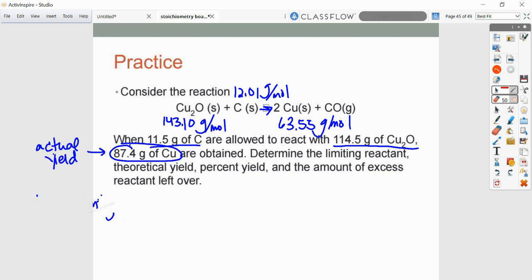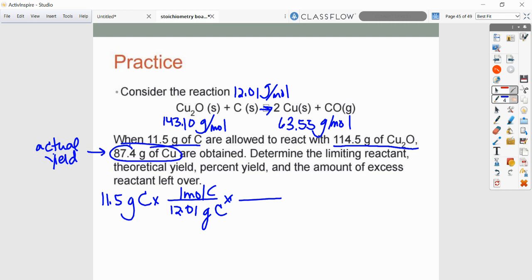Let's look at that first. We'll take what we have: 11.5 grams carbon, molar mass of carbon, mole ratio, and we want to look at the copper that's formed.